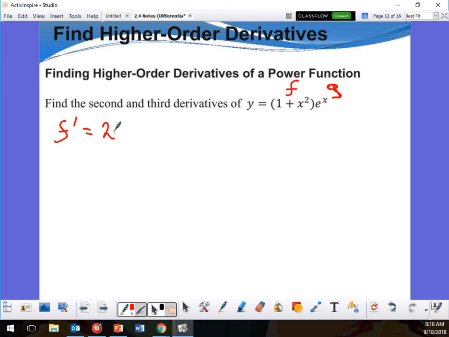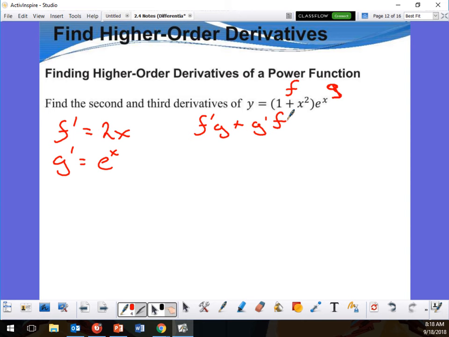Very good. Okay, G prime: e to the x. So in the product rule, I'll rewrite it again. It's going to be f prime g plus g prime f. So that's my rule for that.